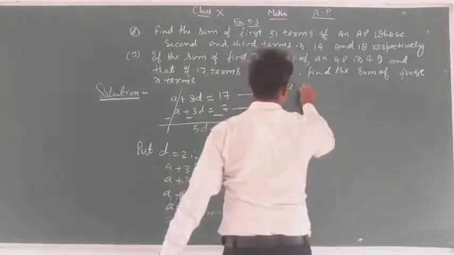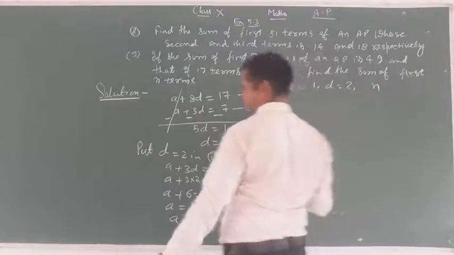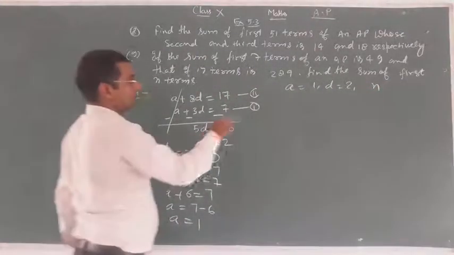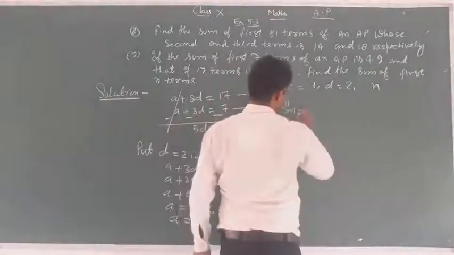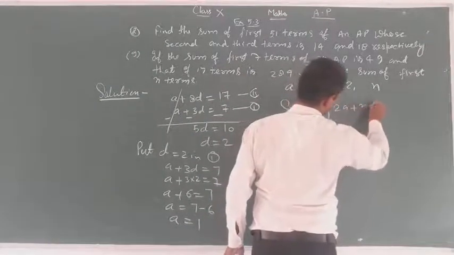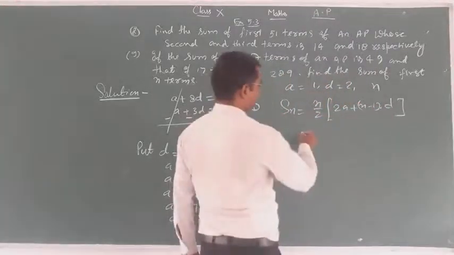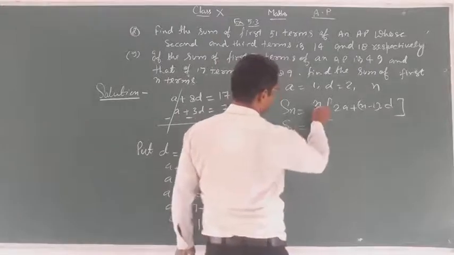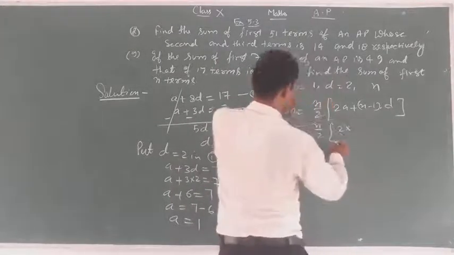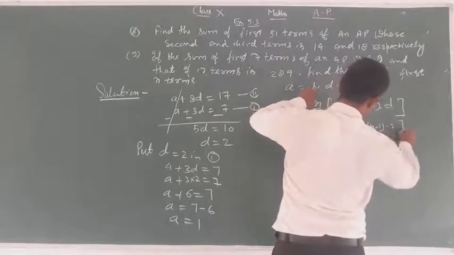a is equal to 1 and d is equal to 2, and for n terms, Sn is equal to n by 2 in bracket 2a plus n minus 1 into d. So Sn is n by 2 into 2 times 1 plus n minus 1 into 2.